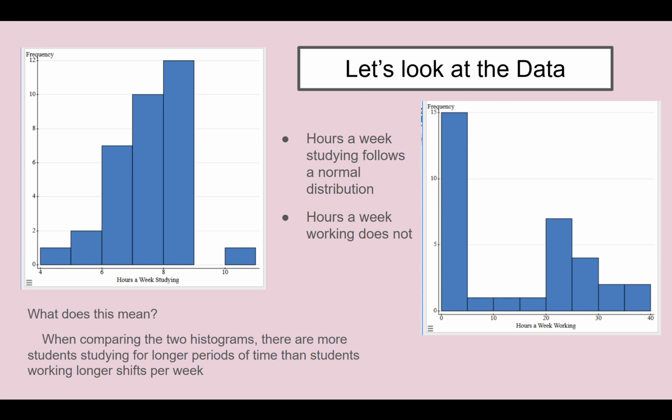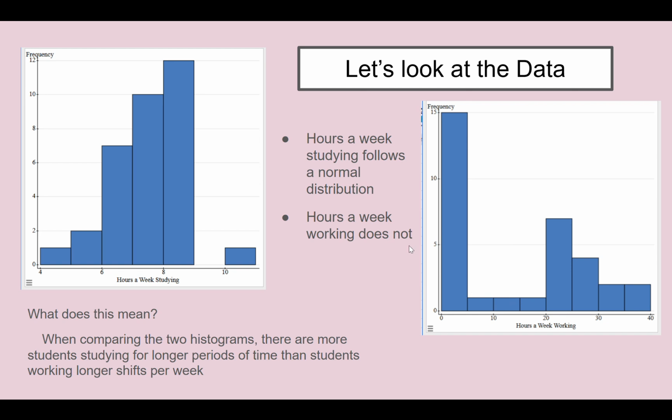As we can see, the hours a week studying follows a normal distribution. I say normal distribution only because the 10 right there really helped it. If we didn't have that 10 plus hours studying, then this would definitely be more right skewing. But for the most part, I think it's a normal distribution.